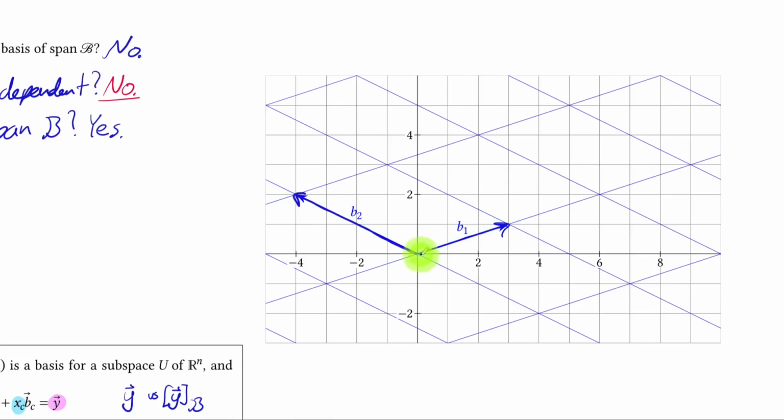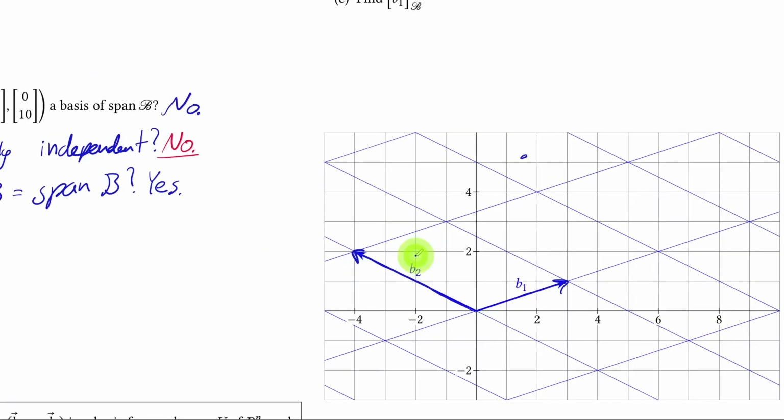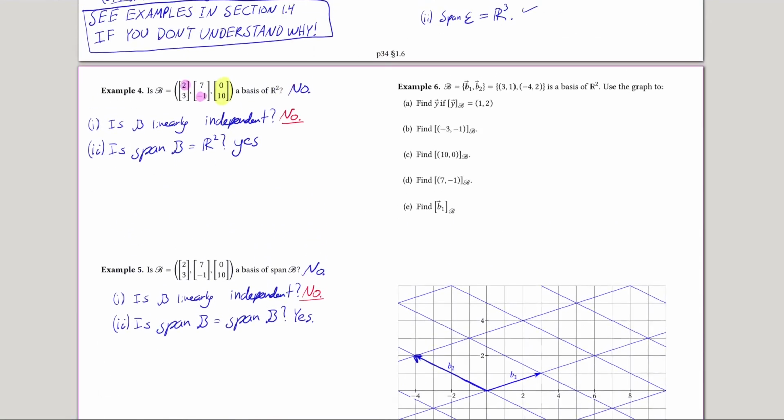And yeah, they are linearly independent. Neither of them is in the span of the other one. If b2 was right here, then it would not be a basis. And also we can see that any old vector in R2, there's a way to get there doing some linear combination of b1 and b2. So yeah, it's a basis.